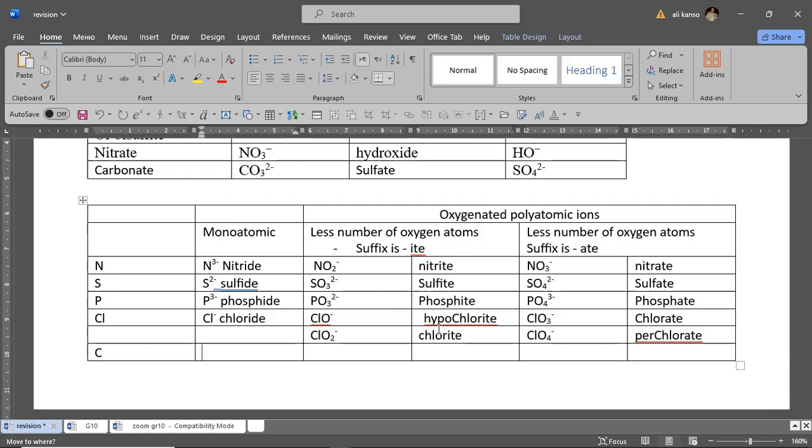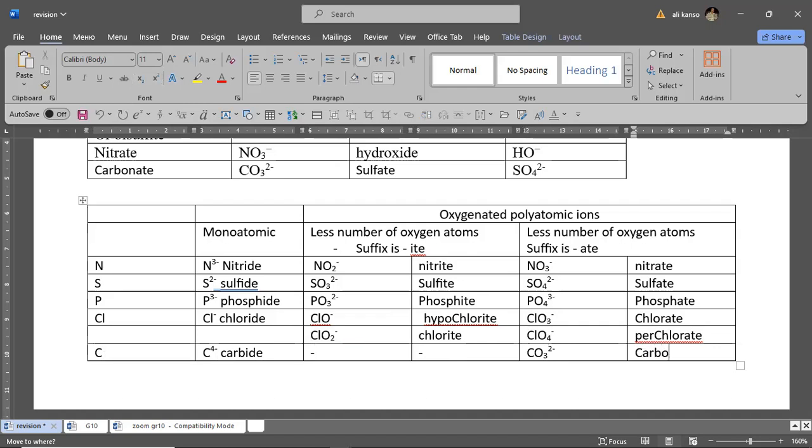Okay, we continue. C is 4 minus. We call it carbide. Always with IDE. Here we don't have IDE. CO3 2 minus, we call it carbonate.